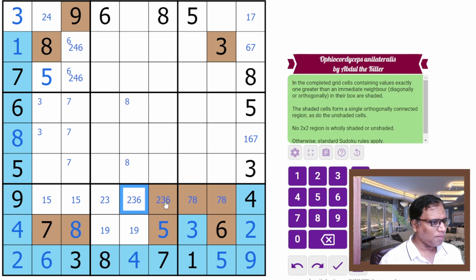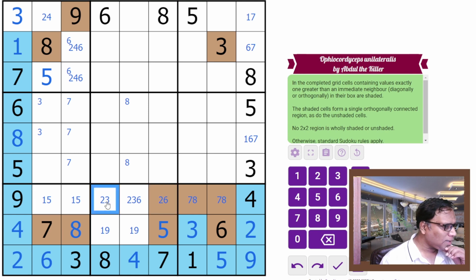If that is 6, what was the logic? Yeah, that can't be 3, right? Because if that's 3, 2 is going to be here. So that's fine. That's not 3. But now why can't 6 be here? If 6 is here, that will be 2. That will be 3. So 3 still could be light, right? Yeah, maybe I made some mistake.